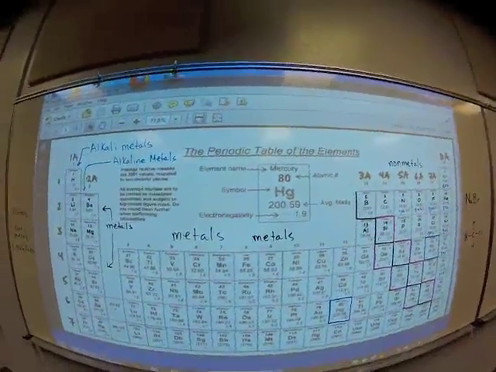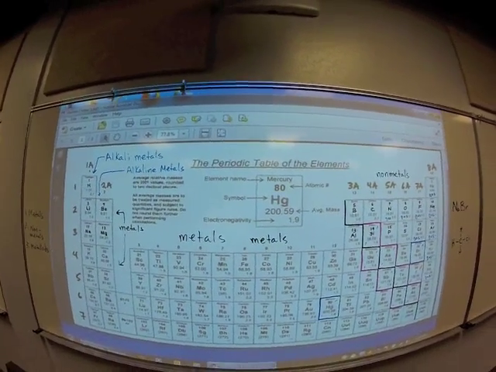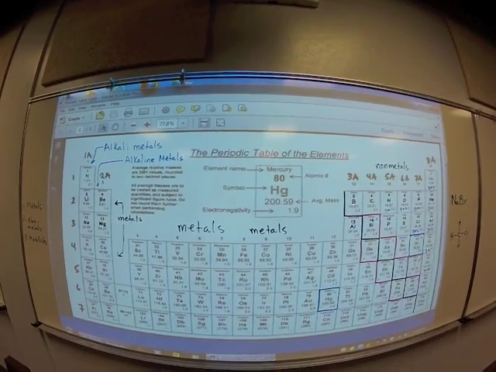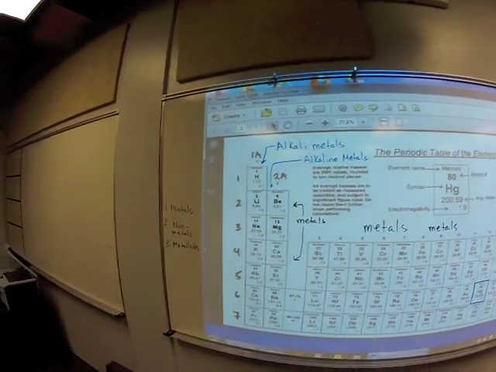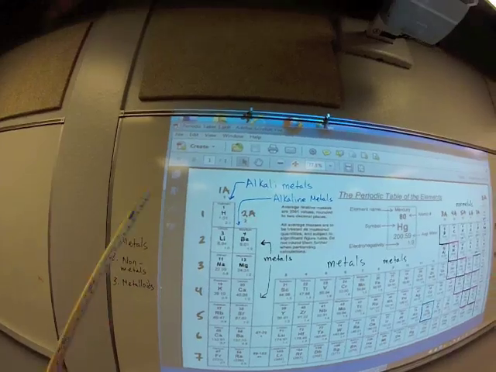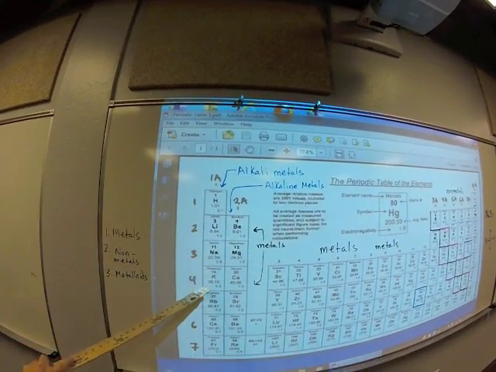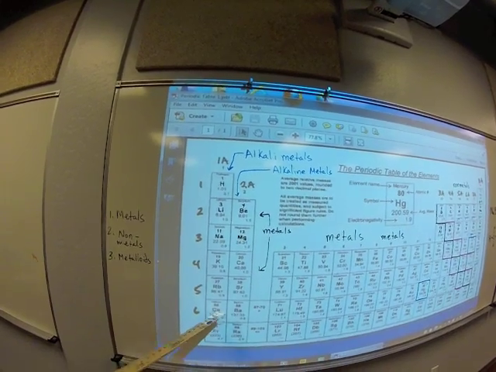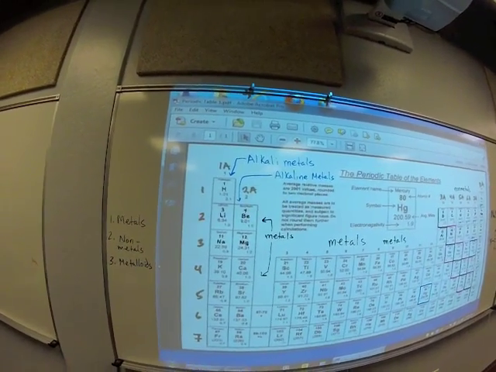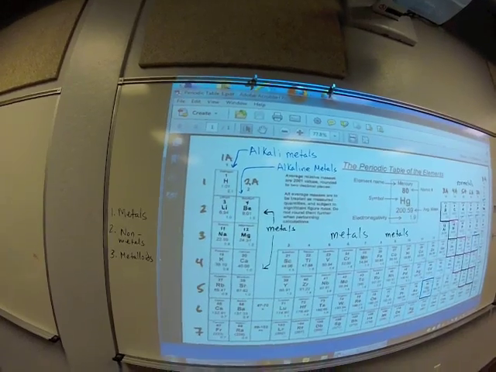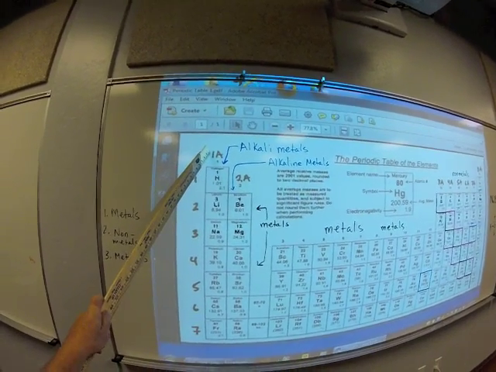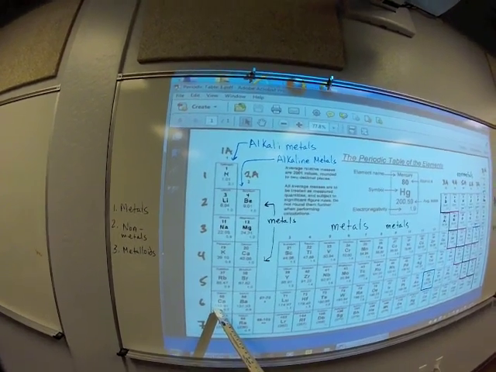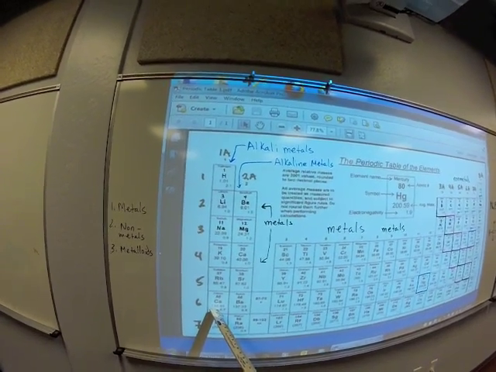Again, we have two different trends, two different directions: from the top down and left to right across the table. So we're going to take the top down example first. Moving down any particular group, electronegativity decreases. The reason is pretty simple. It's just because your surface electrons are very, very far away from the atomic center of that atom.